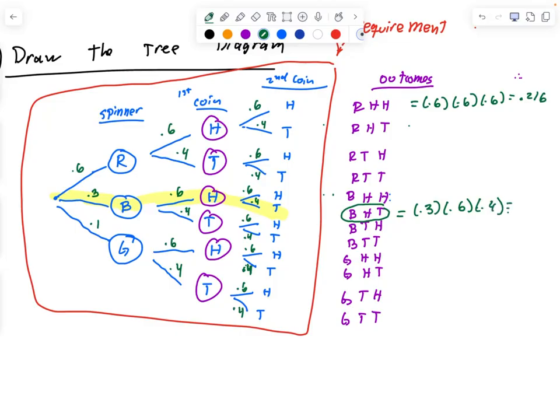And one last question. What's the probability that you get blue and exactly one heads?